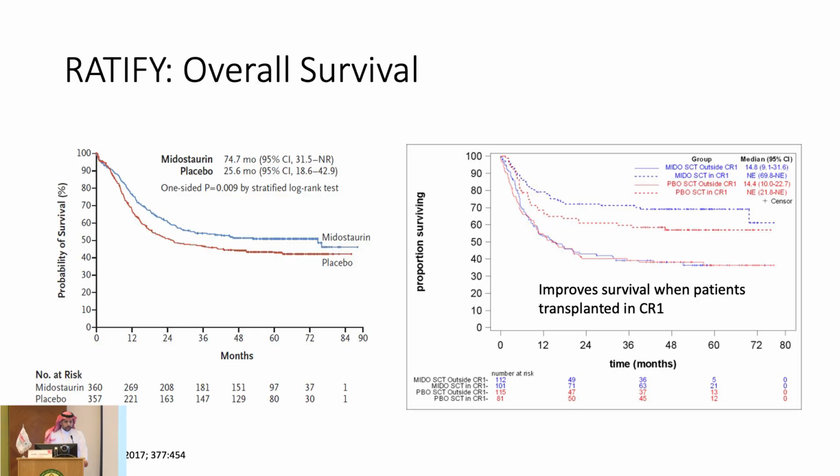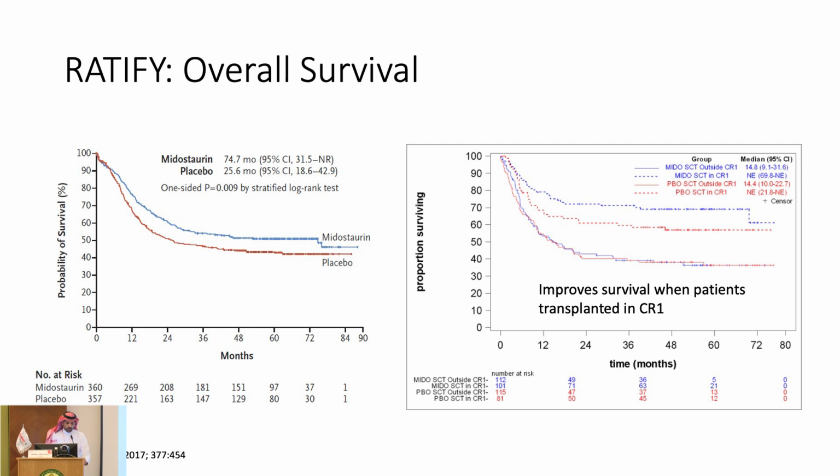In the upfront setting, the RATIFY study led to the approval of midostaurin as the first ever targeted therapy for acute myeloid leukemia in the upfront setting. This randomized study included patients who were FLT3 ITD positive and FLT3 TKD positive. This study showed a significant improvement in overall survival for those who received midostaurin in the induction and consolidation phase, followed by maintenance for those who did not go into transplant, without randomization in between.